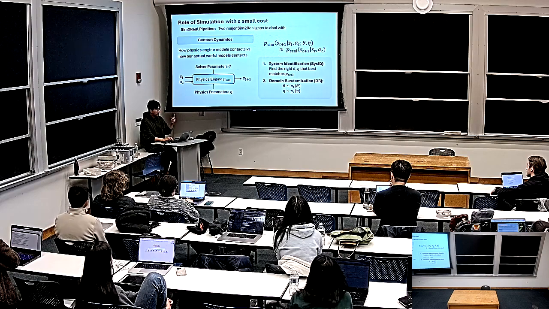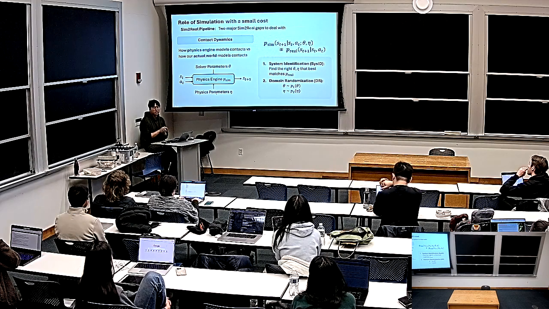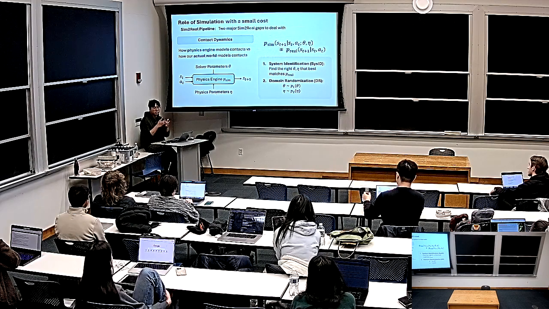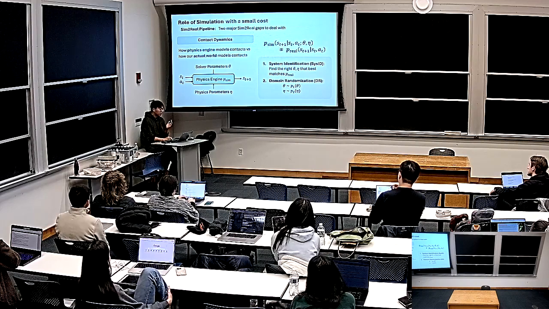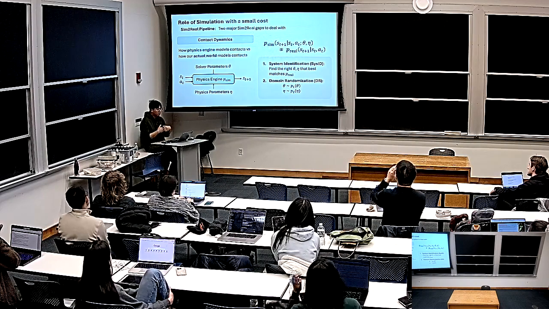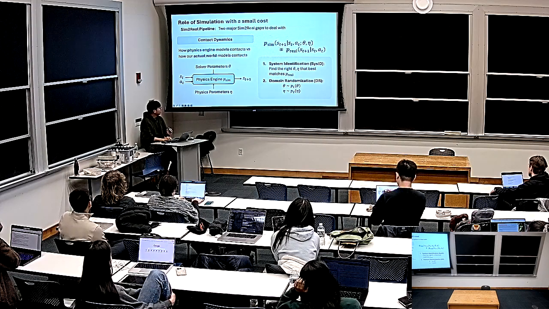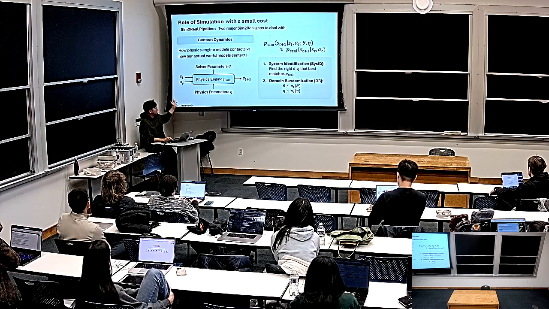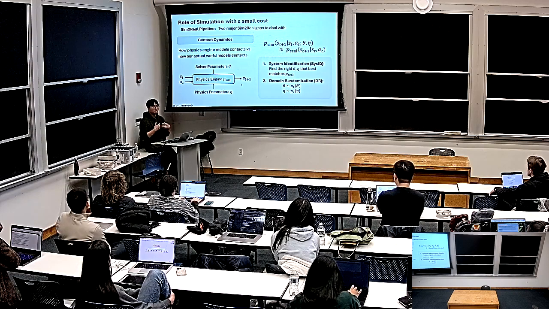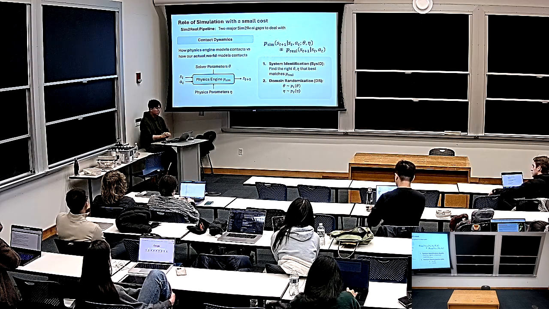So solver parameters are accepted as hyperparameters, and physics parameters, including something like friction, or if it's deformable, Young's modulus. When these two sets of parameters get passed into this physics engine, it accepts s_t and a_t and outputs the next state by solving all those contact-related things.